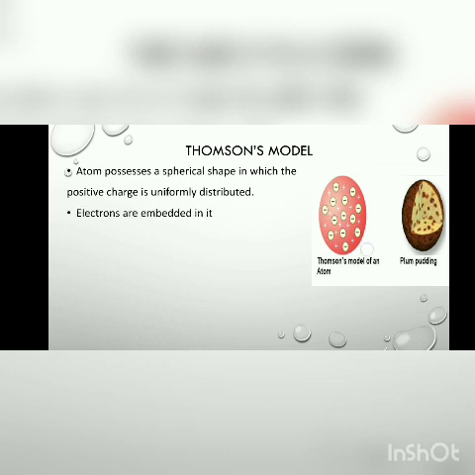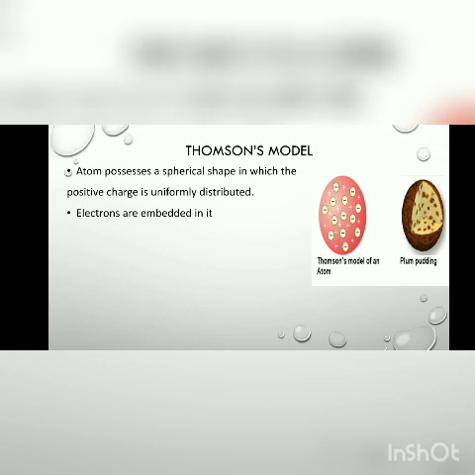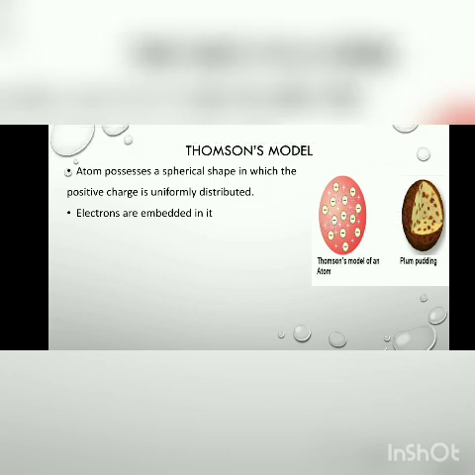Here you can see the negatively charged electrons embedded here and there inside a positively charged sphere. The number of positive charges and negative charges is equal, so the atom is neutral. Thomson's model could explain the neutrality of the atom very well.